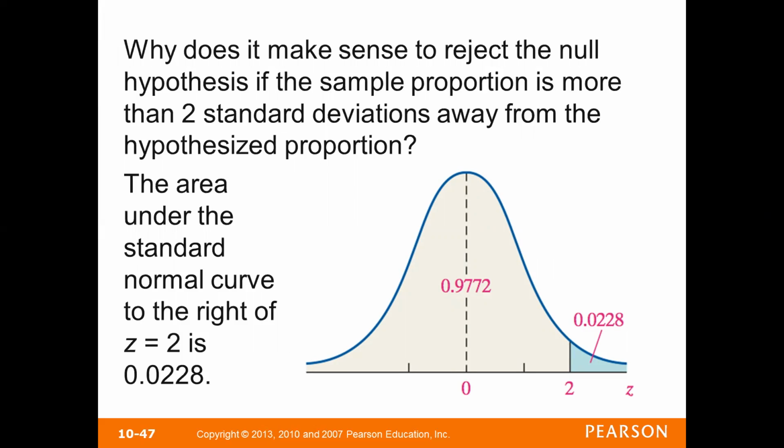And why does it make sense to reject the null hypothesis? Well, if we're looking at more than 2 standard deviations away, I only have a little over a 2.28% chance of being more than 2 standard deviations away. A 2.28% chance that I'm higher than that is a pretty small number.